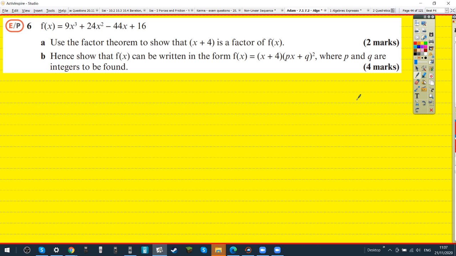Well, we know x is minus 4, right? Yep. So do we sub it into 9x cubed plus 24x squared minus 44x plus 16? And so you show your working out by subbing it in. Yeah. What answer will you get?